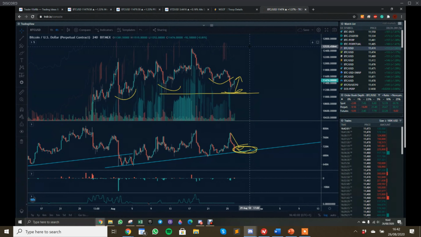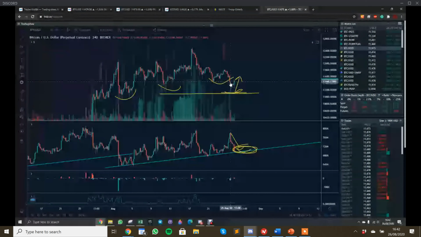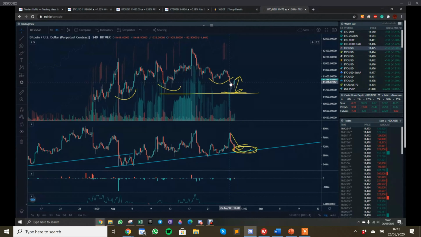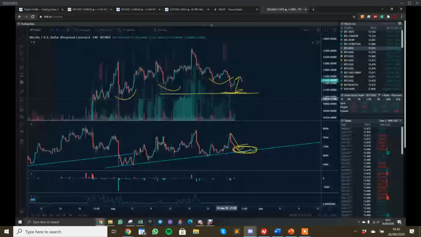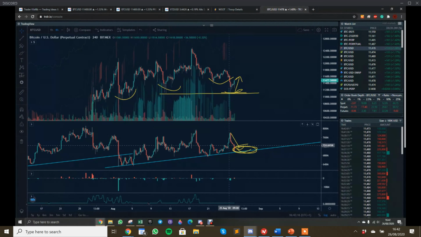So basically, what I saw yesterday was I had an idea I wanted to get filled down in the low 11,400s, 11,300s, but really open interest came into play because I could see that as price was coming down here, open interest was opening up massively. Whether that's people going long or short doesn't really matter. But I knew there was a lot of price action going on up here.